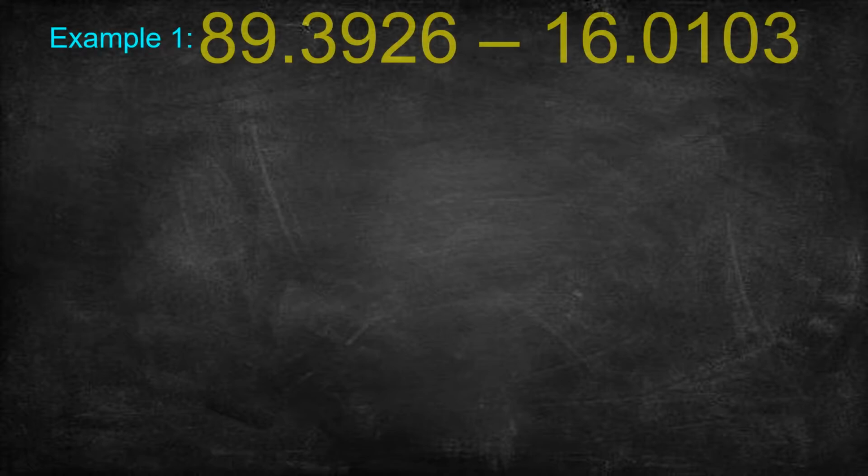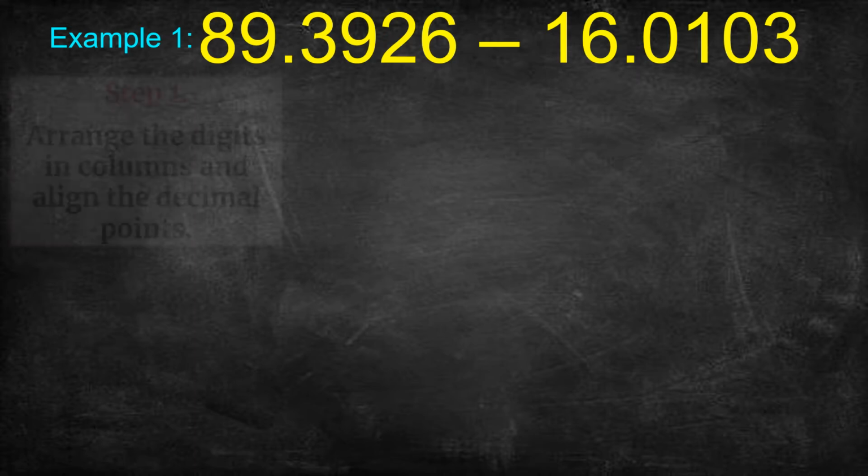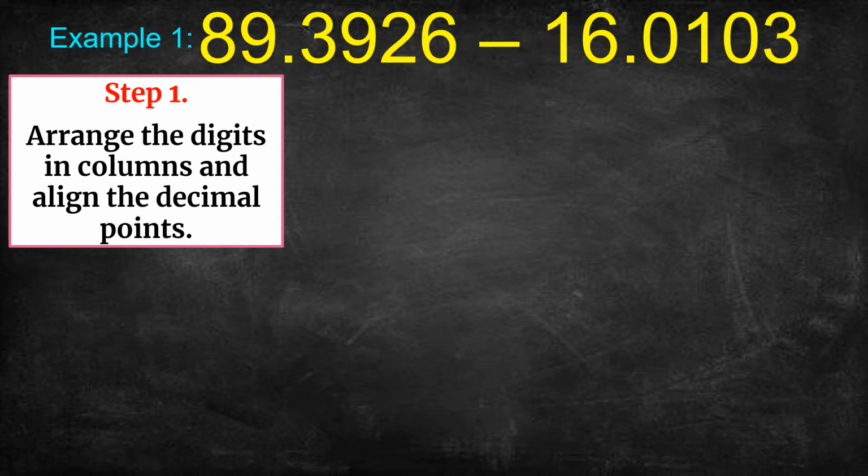So, let's have example number 1. 89 and 3,926 10,000s minus 16 and 103 10,000s. In subtracting, we are going to follow the 3 steps. Step number 1, just like adding, we're going to arrange the digits in columns and align the decimal points.